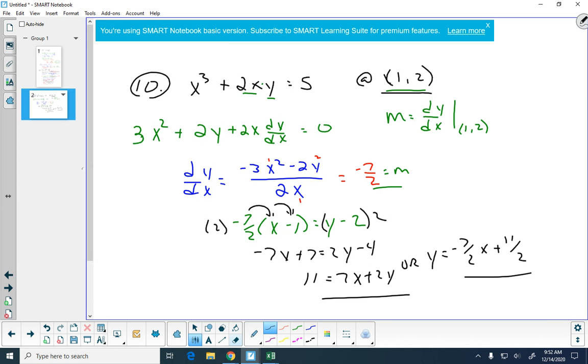All right, you have in your packet Implicit Differentiation 2, just additional practice with respect to implicit differentiation. I would like you to take the rest of the time to work on them. Wednesday, once again, will be a review day. I'll get you a review sheet. I think I have it in the packet already. I hope.